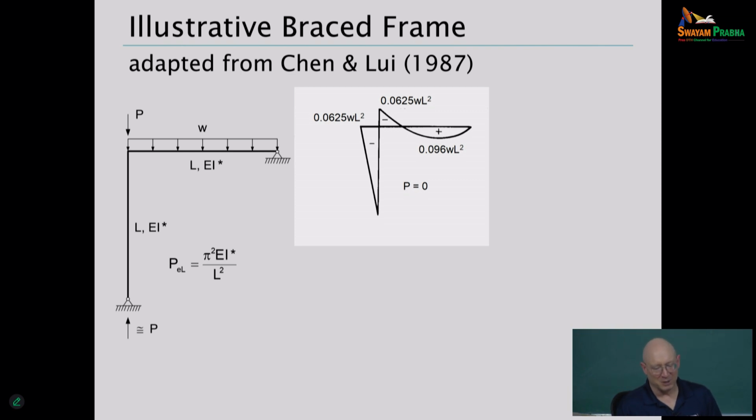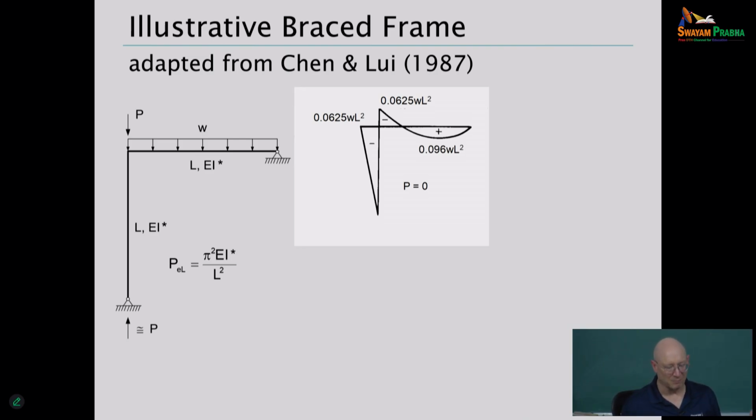The beam is subjected to a uniformly distributed load, and for purposes of an idealized discussion, let's suppose that the column is subjected to a vertical load at its top, P, and that P is very large compared to any of the effects from the uniformly distributed load.